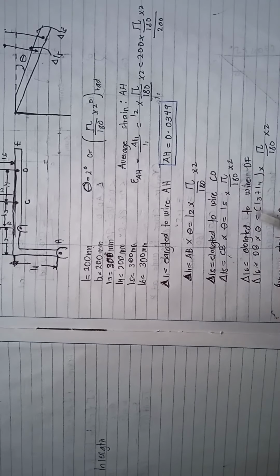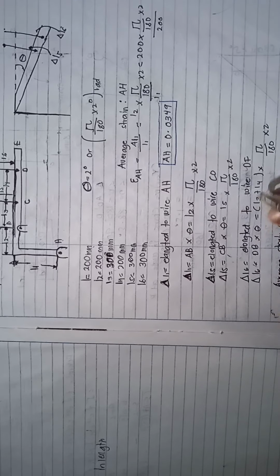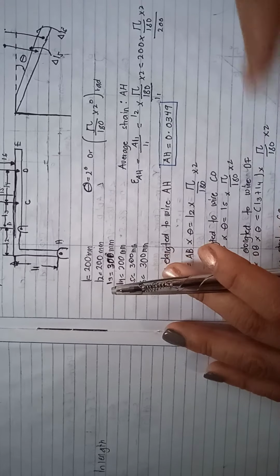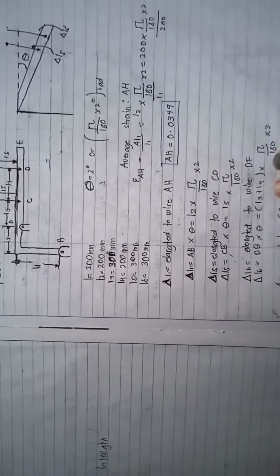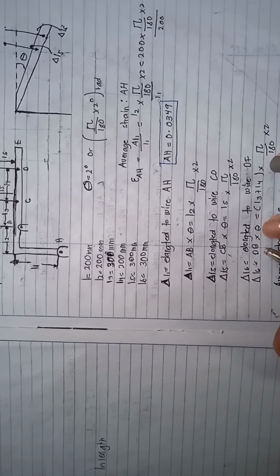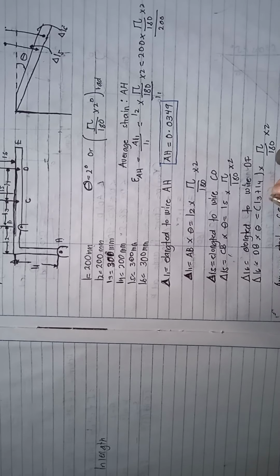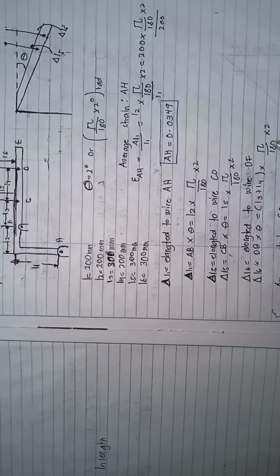So, parang same lang sila. So, yung I6 naman natin, elongation of the wire DF. So, yung DF is DF times beta equals I3 plus I4 times pi over 180 times 2.